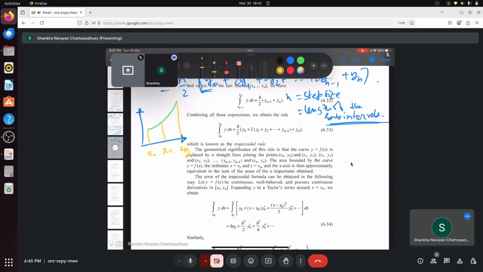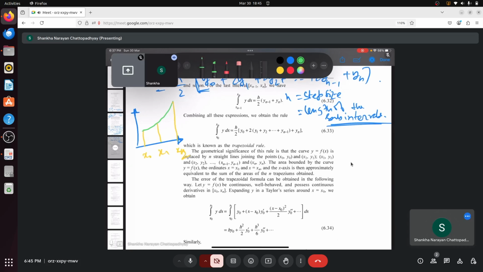I will consider these as trapeziums, join like this and then join like this.